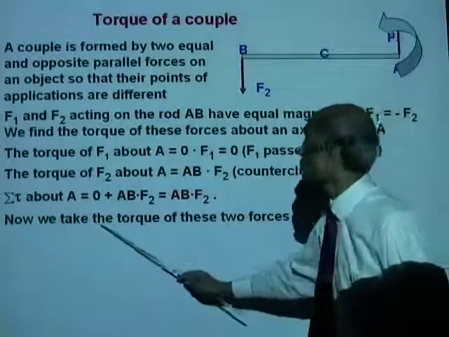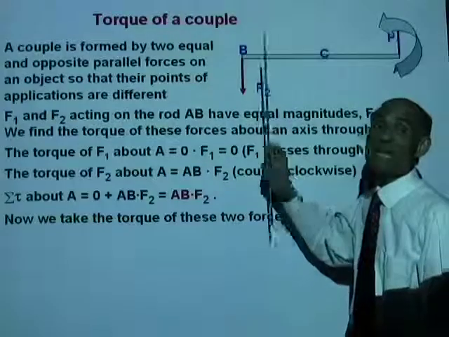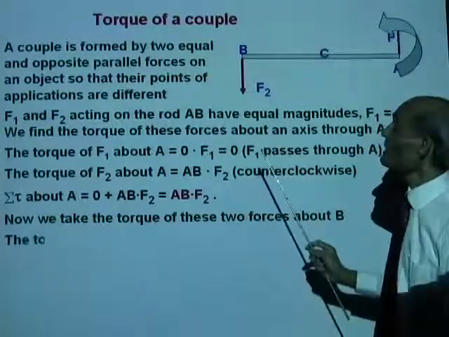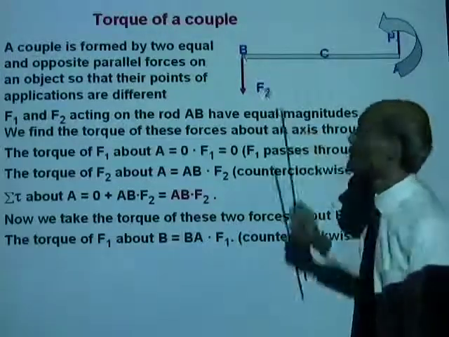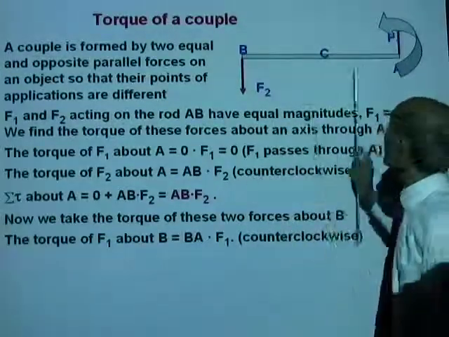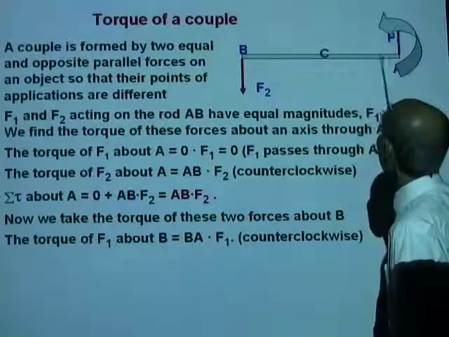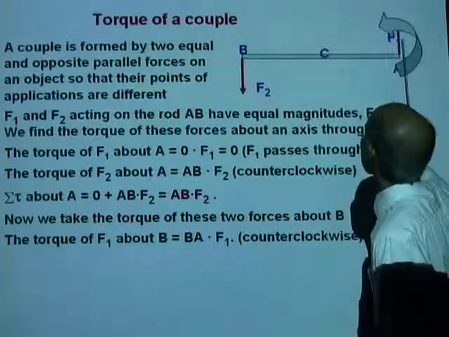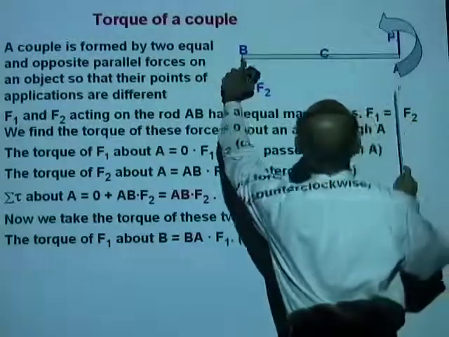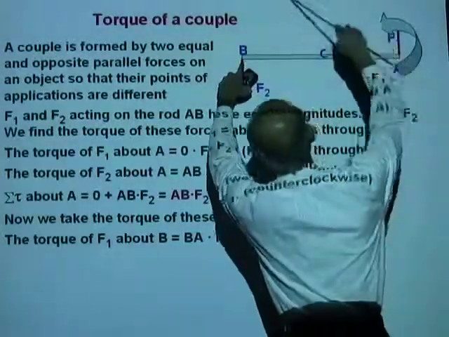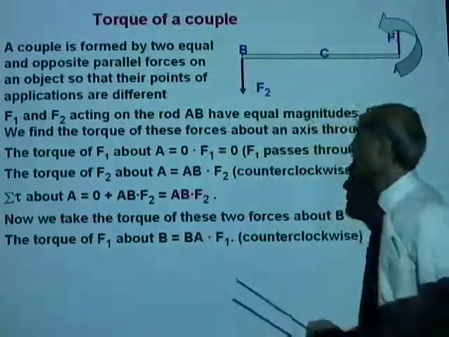We now take the torque of these two forces about the point B. What is the torque of F1 about the point B? The torque of F1 about the point B is the torque arm BA multiplied by the force F1, and that is a counterclockwise torque.